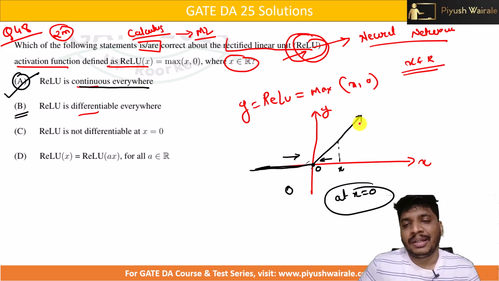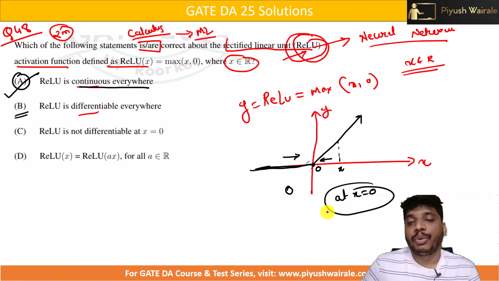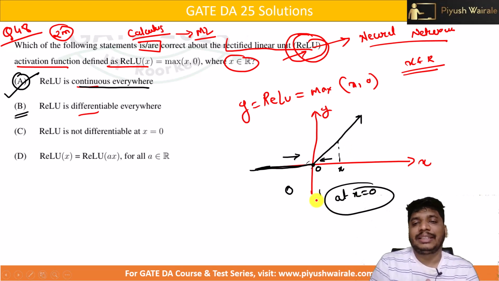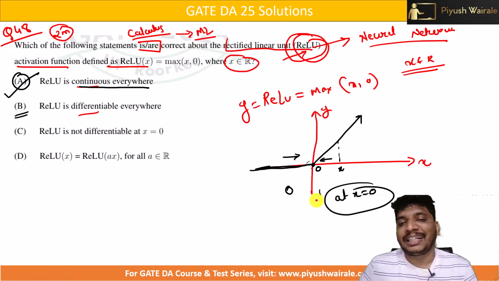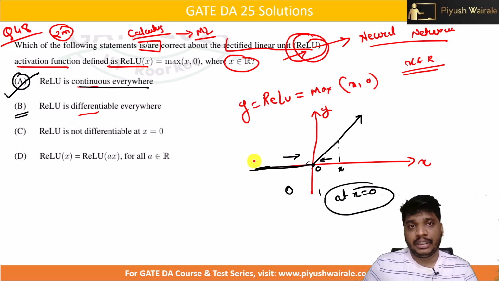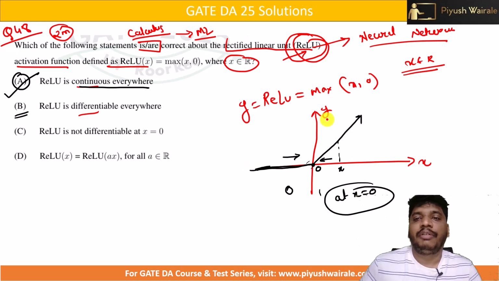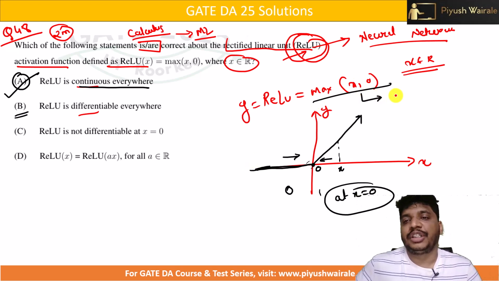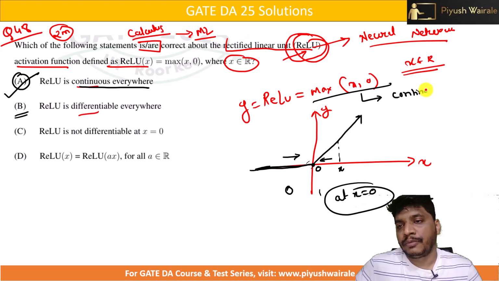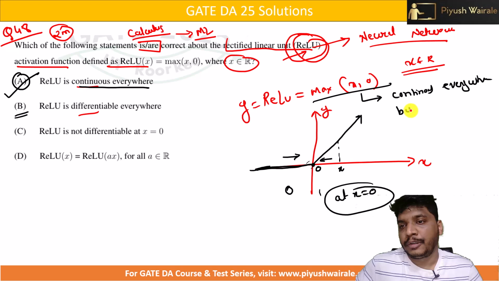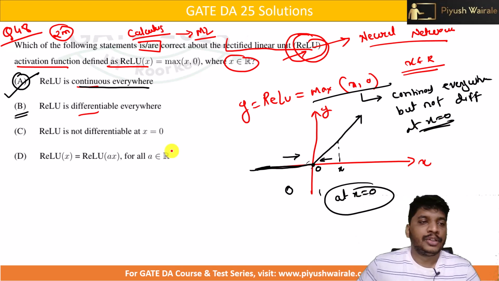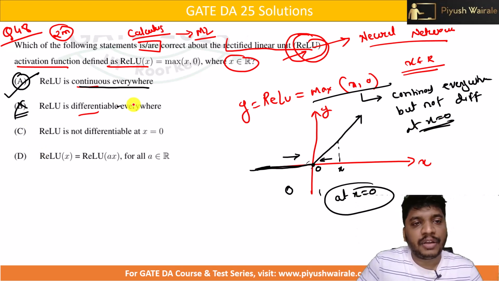But if I go from the right side, the derivative will be 1. So it is not differentiable at x equals 0. The function is continuous at x equals 0, but not differentiable. Very, very important point. So this function is continuous everywhere, but not differentiable at x equals 0. So option B is not correct.